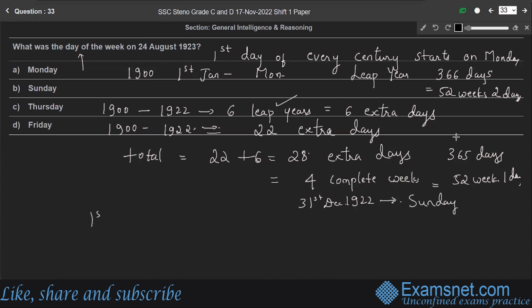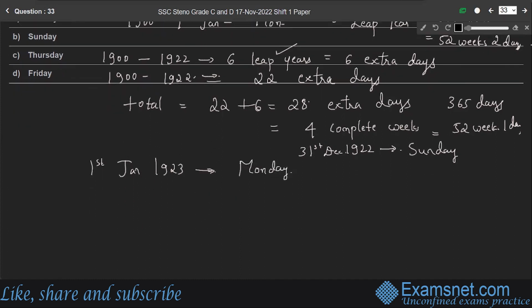Therefore, 1st Jan of 1923 starts on Monday. And we'll consider the number of days from 1st Jan to 24th August in the same year.